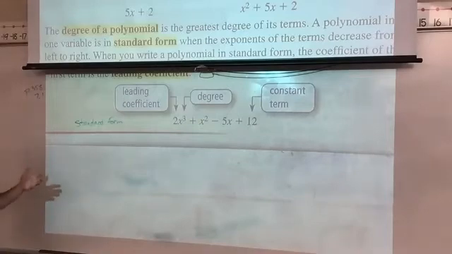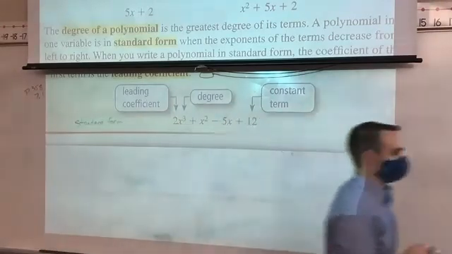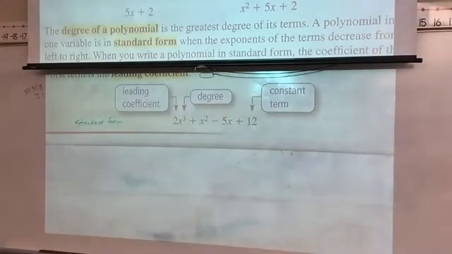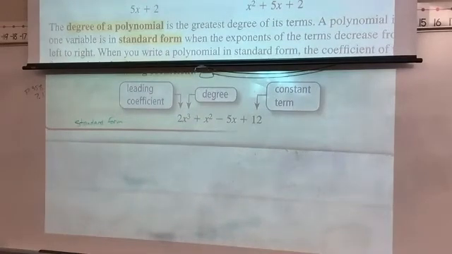It's once you put it in standard form, what's the first number? Okay, any questions right now on polynomials, degrees, leading coefficients, standard form? A lot of small things that I'm throwing at you.